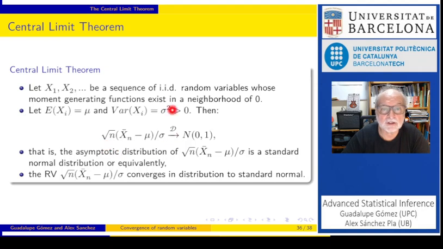This is the definition, as I was saying: if we have a sequence of IID random variables, this can also be relaxed, we will not see that, and whose moment generating functions exist, so at least we need that these moment generating functions exist, then if the mean is mu and the variance is sigma squared and is finite, the standardized distribution of the sample mean tends to a normal 0-1 distribution.